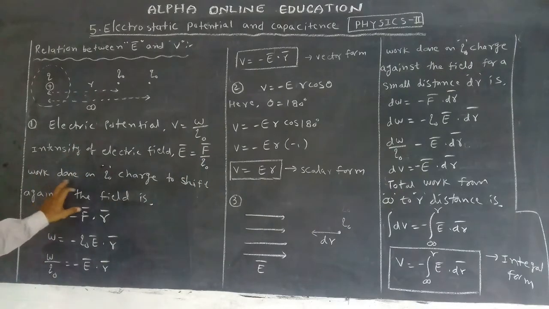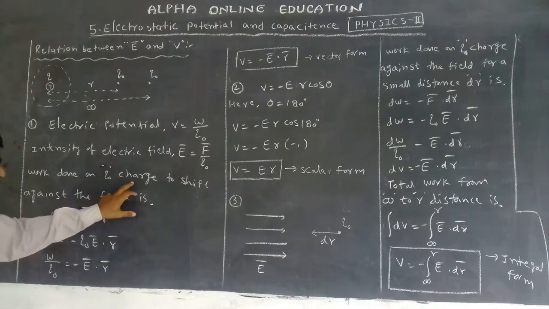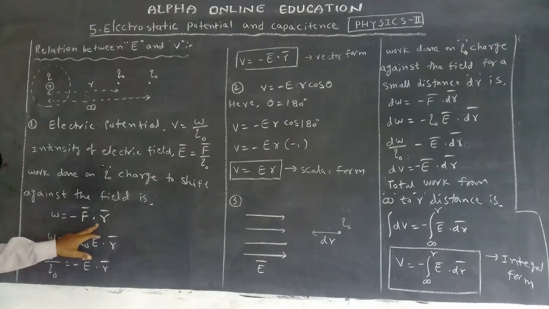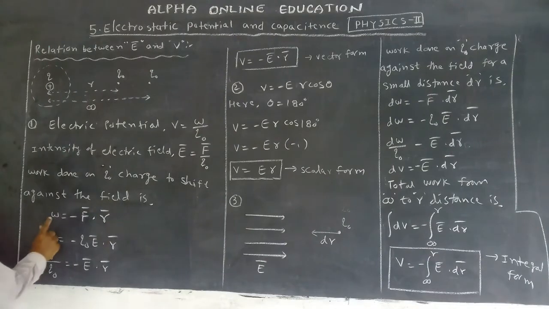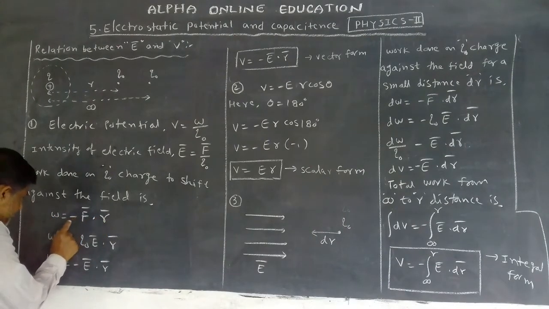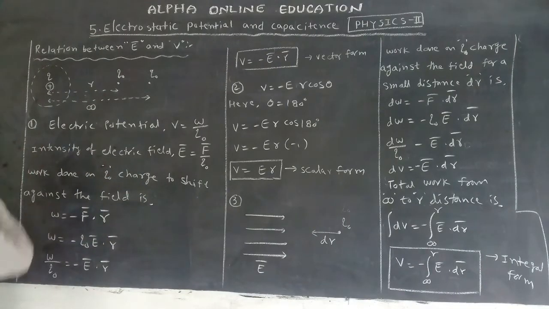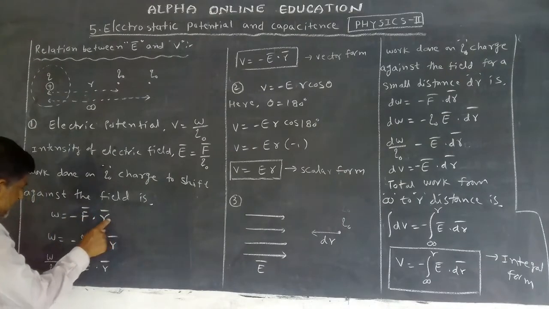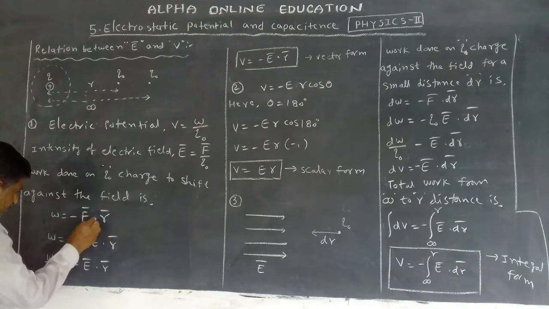Now, the work done on the Q naught charge to shift it against the field, how can we write it? W is equal to minus F bar dot R bar. You know the equation for work: work is force into displacement. The negative sign indicates opposite. Work is a scalar, but force and displacement are vectors, and the dot product is taken.